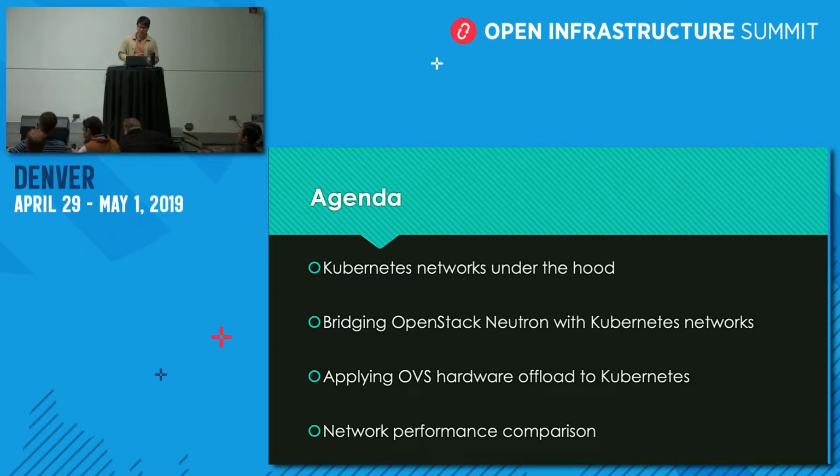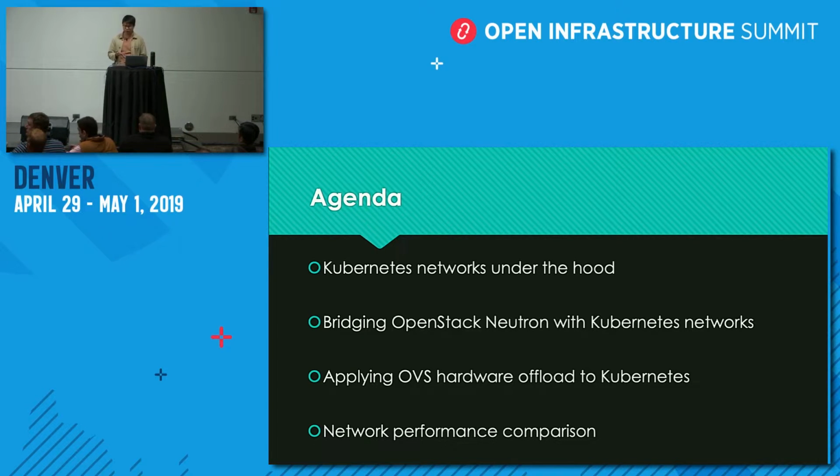In most environments, OpenStack networking is based on Open vSwitch. And just like every other software switch, Open vSwitch compromises network performance. There are several ways to mitigate the overhead, such as DPDK, hardware offload, or even using a programmable hardware switch.